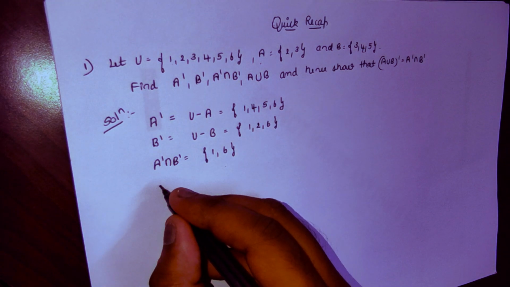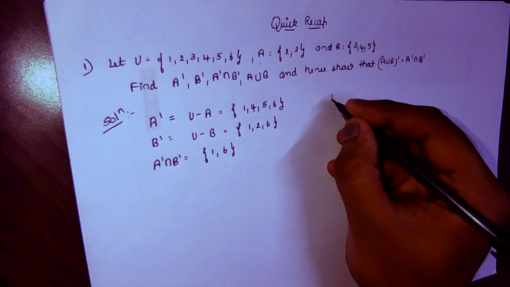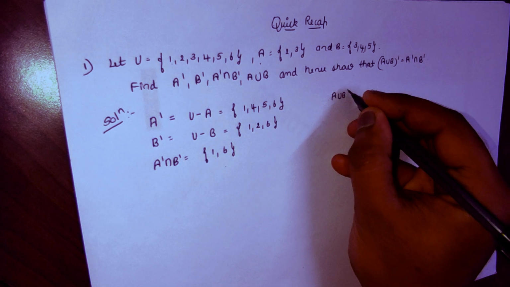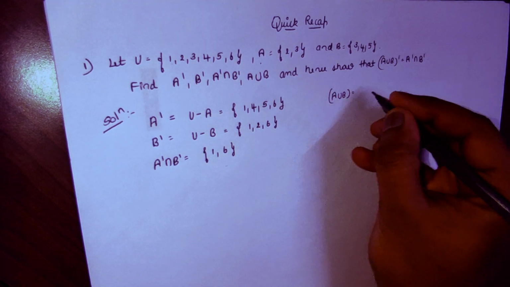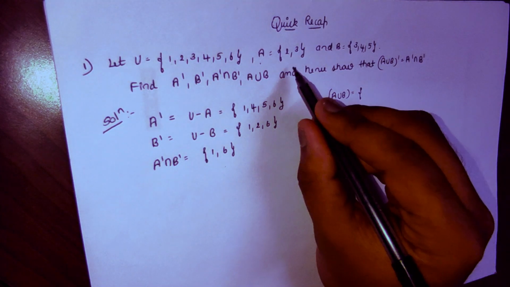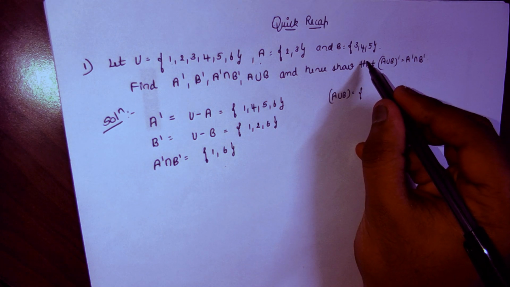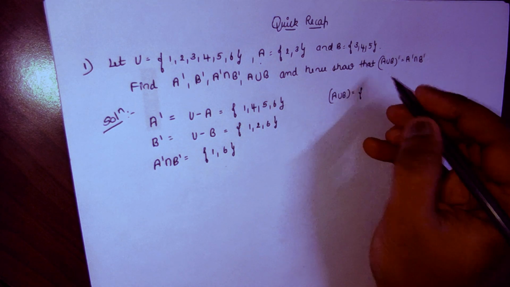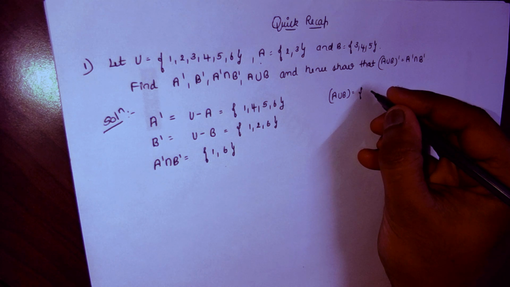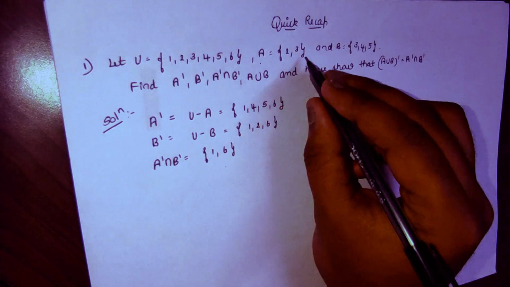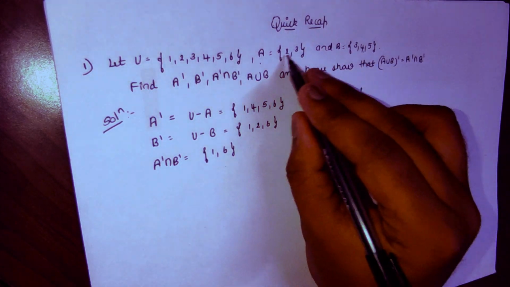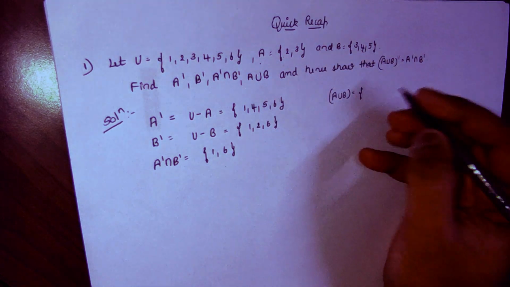Now we will find A union B. Whatever is common between A and B, and the rest also we have to write, that is the A union B set. That is 2, 3 and 4 are common, 2, 3, 4, 5.